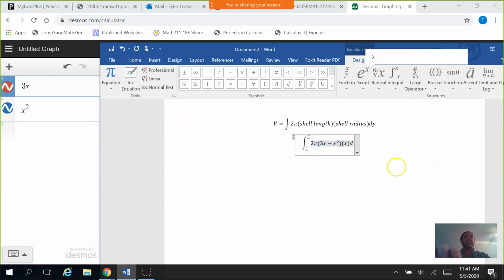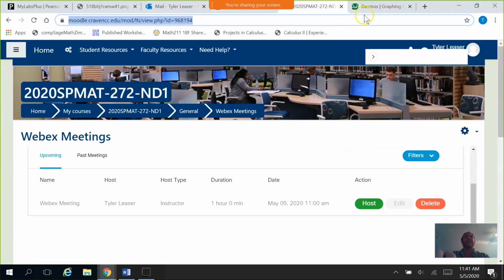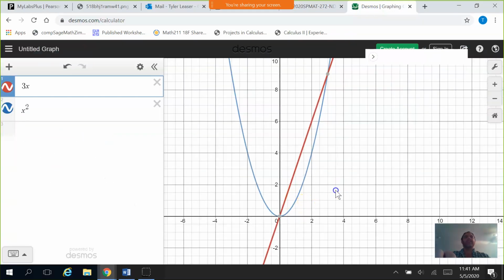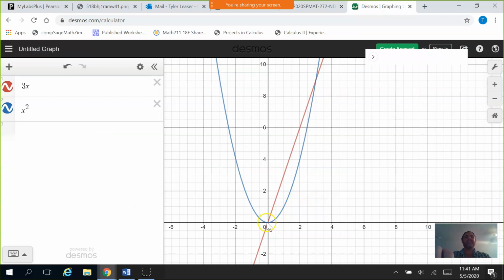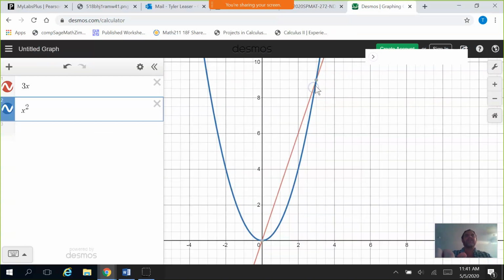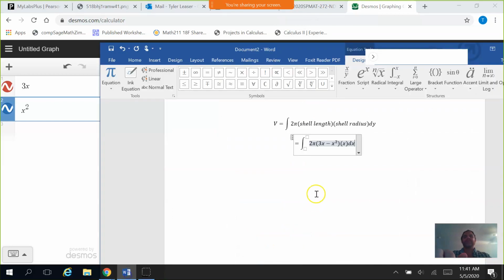All of this is in terms of x, which means we are integrating with respect to x. And if we are integrating with respect to x, I have to go from 0 along the x-axis to this intersection point up here, which it says is (3, 9). So we're going from 0 to 3. Of course, to find that yourself, you could just set your two functions equal to each other and solve.